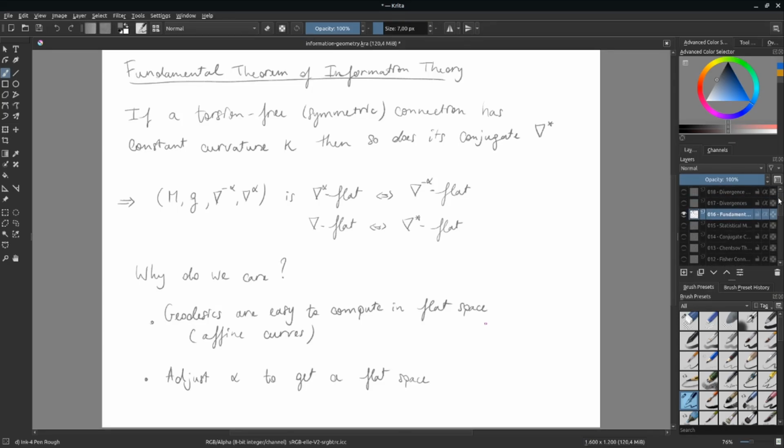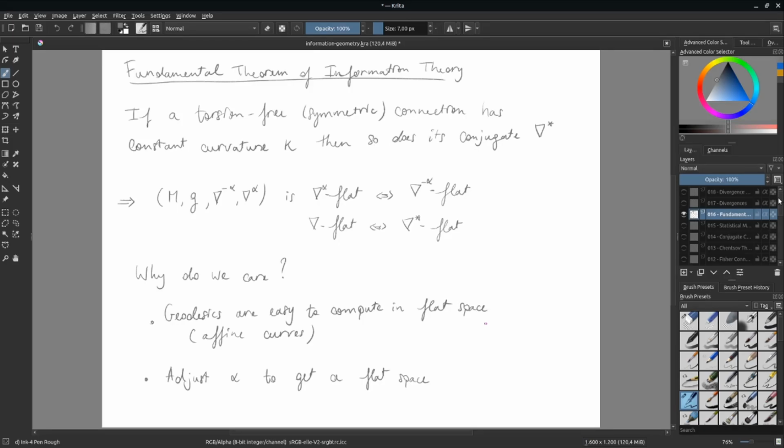Okay, so let's then move on to the fundamental theorem of information geometry. Unfortunately, this does mention curvature, and I've not explained it super well. I'm sorry again. But if we have a torsion-free connection, just remember symmetric, forget about torsion, and it has a constant curvature kappa, then it's the same for its conjugate connection.